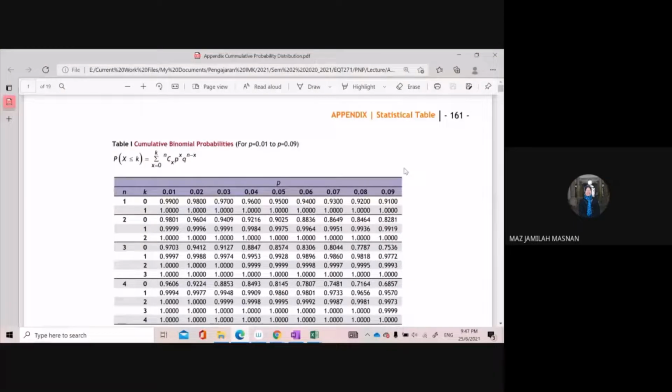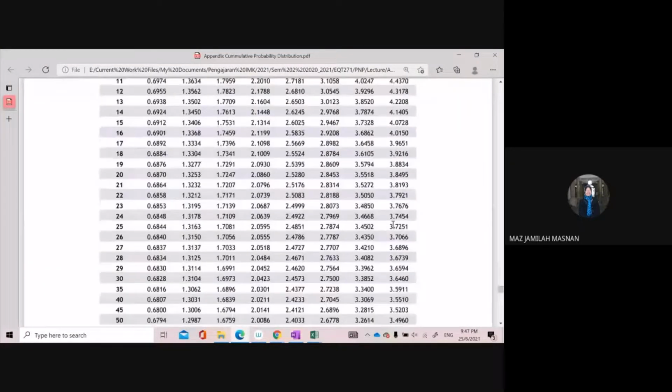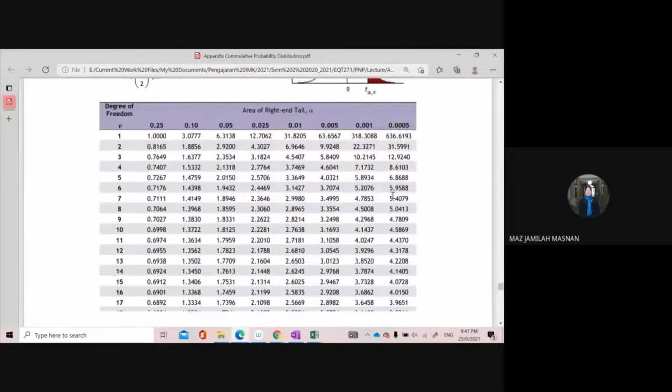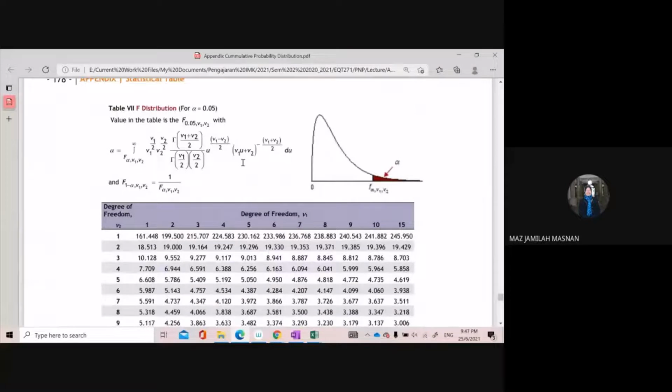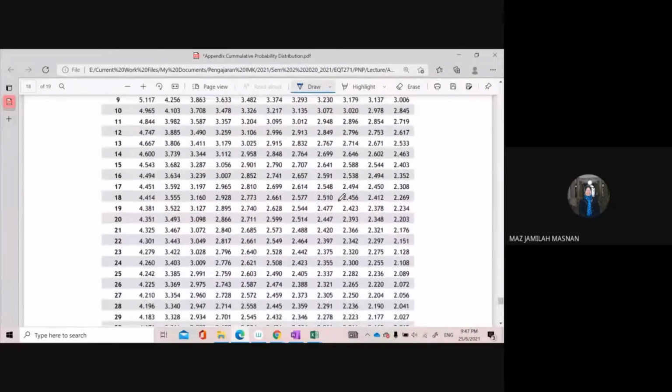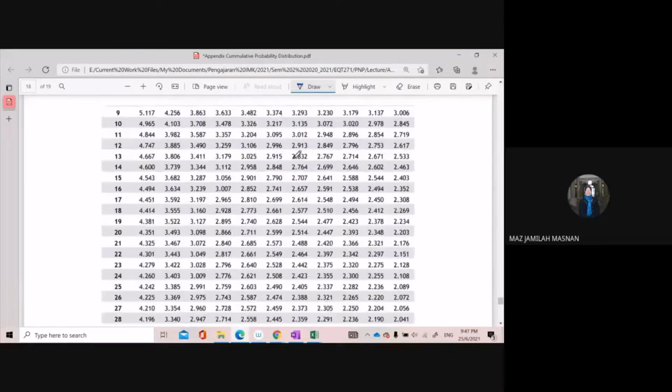For alpha 0.05, look for your table of F at the back of your textbook. So you will have your alpha 0.05, and then the other one is 0.01. So please make sure that you are referring to the correct alpha.